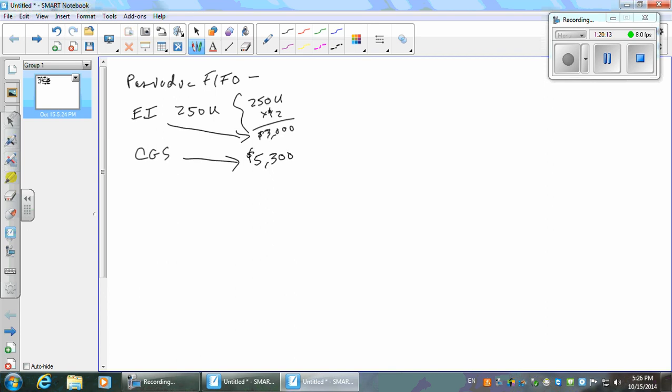Okay? It's just cost of goods sold is beginning inventory plus purchases, that's what we had up here, is available. Every time, less the ending inventory is going to give me my cost of goods sold. Okay?